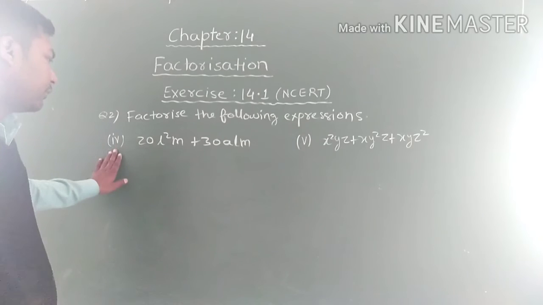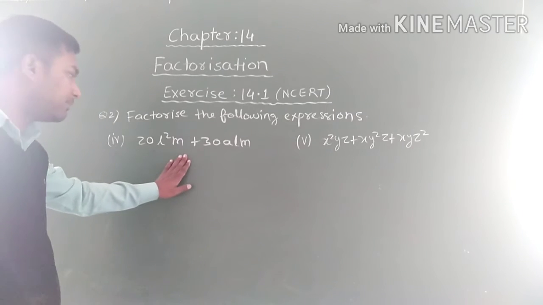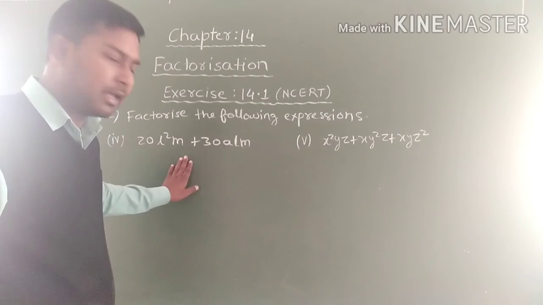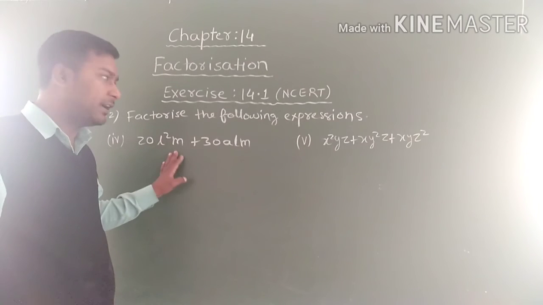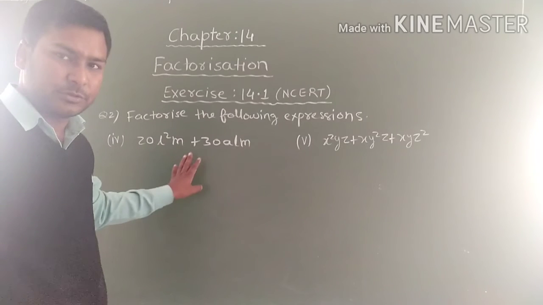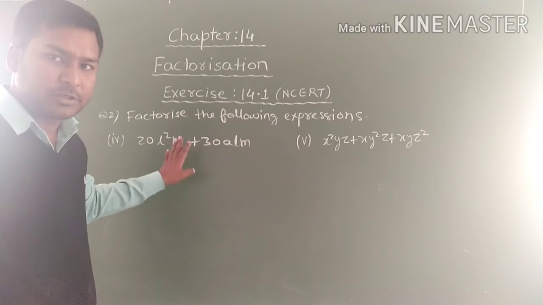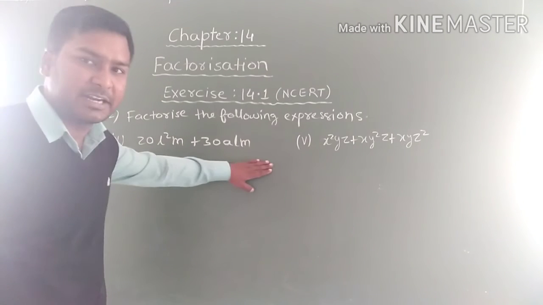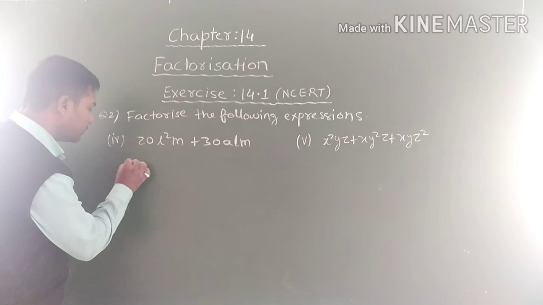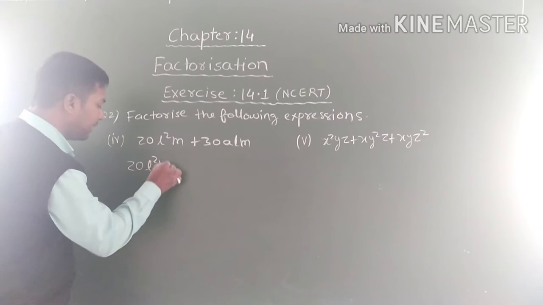Now question number 4. 20l square m plus 30al is given here. Again we have to factorize it, so the process is the same. First of all we will find the factors of the first term and then the factors of the second term. So this is 20l square m.